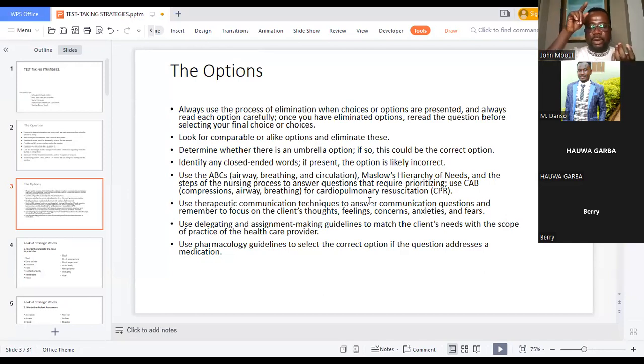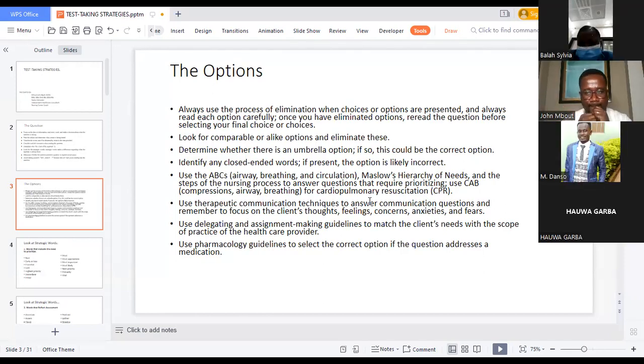First, standard precaution, then you move to whichever you are using. So you have a patient in the ward, and this patient has, let's say, diarrhea. Which precaution will you apply? And you have options like droplet precaution, contact precaution, airborne, and then standard precautions and contact precaution.